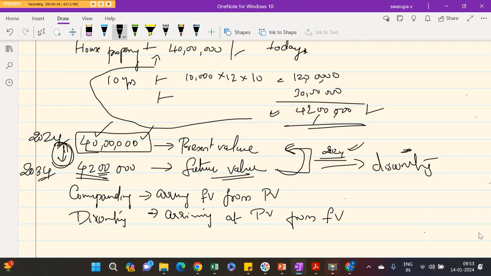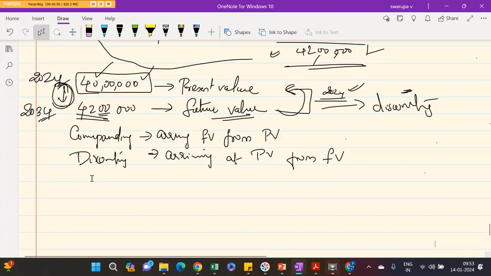So if any of the values are given, we will be able to arrive at the future value and present value. Now how to arrive? I'll explain with an example.